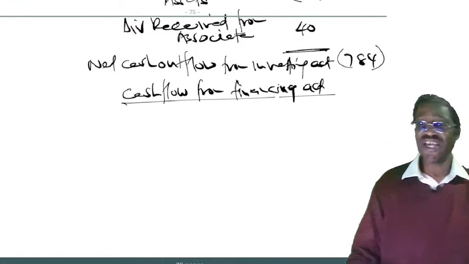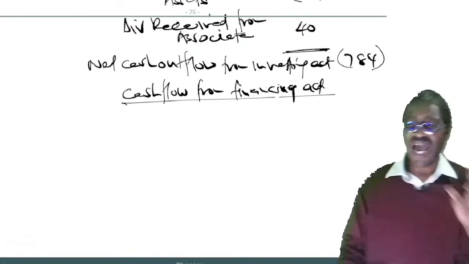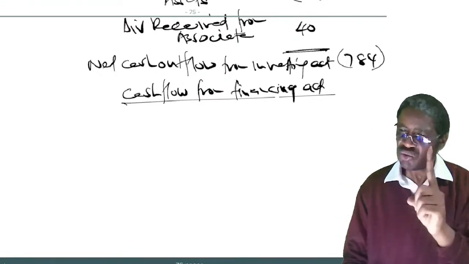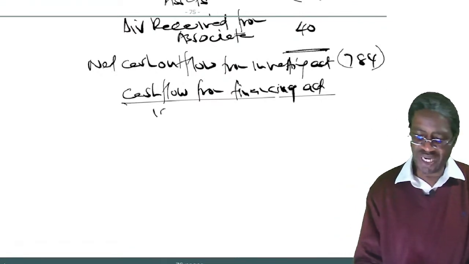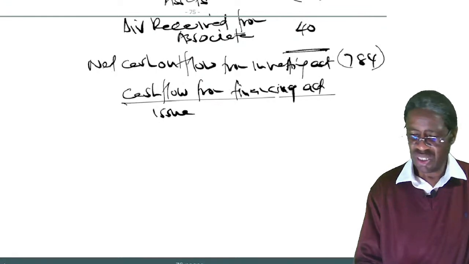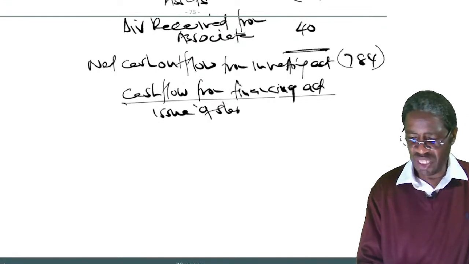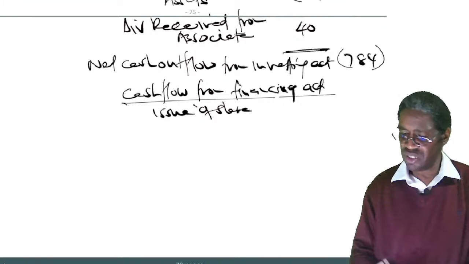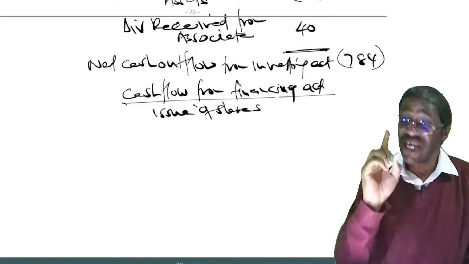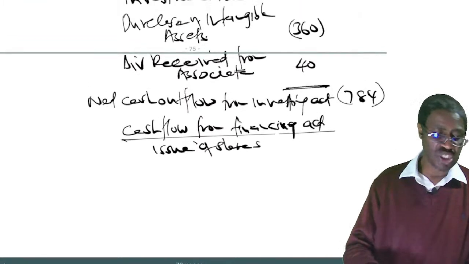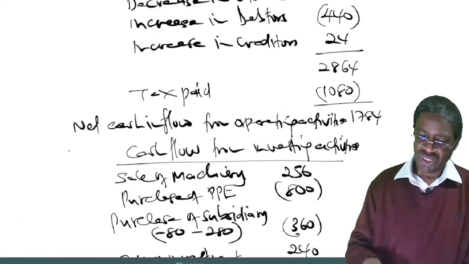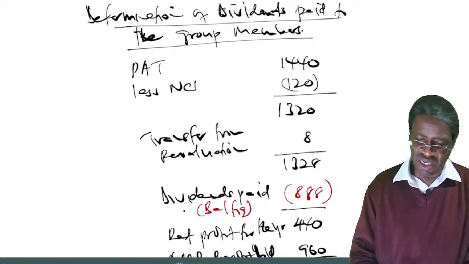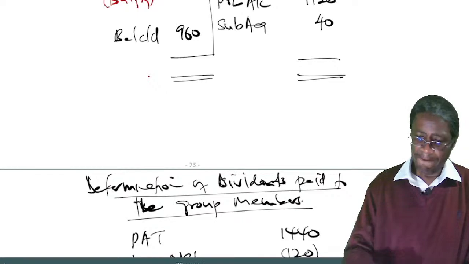Good. I do remember, listen carefully, we issued some shares. We prepared an account called share capital and share premium, and I do remember there was an issue of shares. So let's go to where we analyzed the account called share capital. When we were analyzing it last time, what did we get?